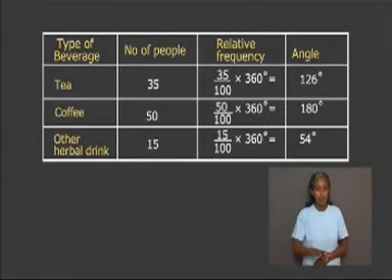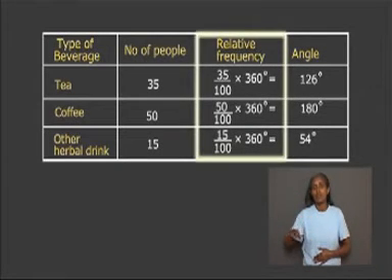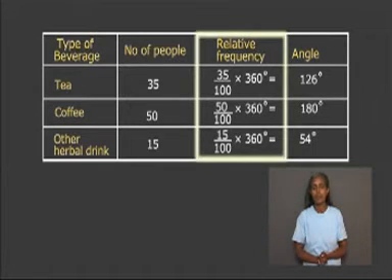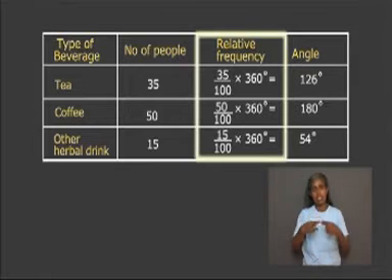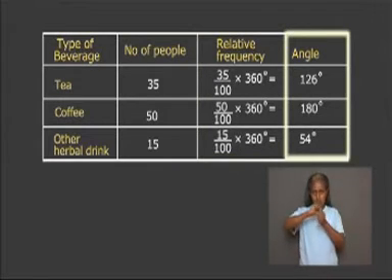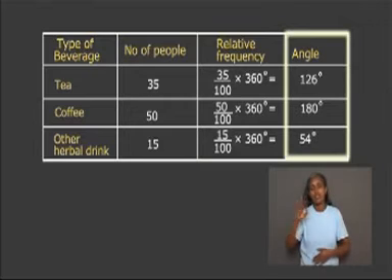To find the relative frequency, divide each frequency by the total population. To find the relative frequency of tea, divide 35 by 100. This gives us 35%. The third step is to convert each relative frequency into an angle.